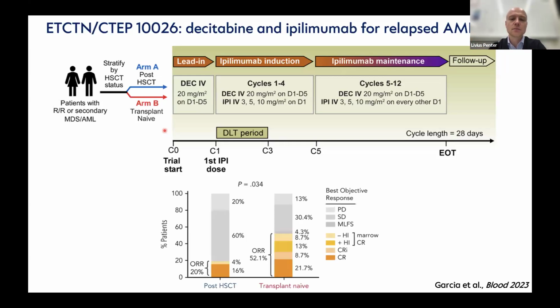And this trial was very nice because it contained a lot of sampling. So all the participants went through multiple blood and bone marrow collections before treatment and throughout treatment.